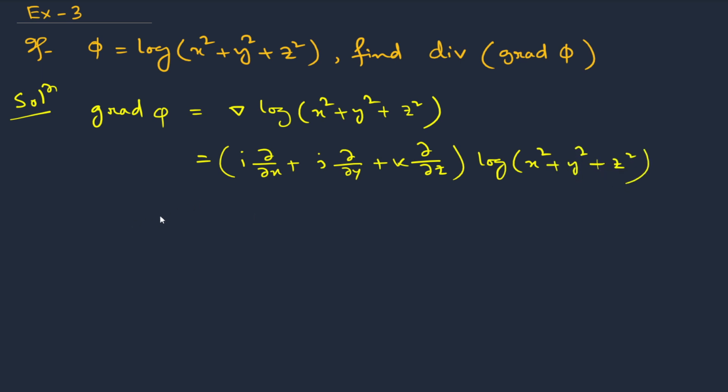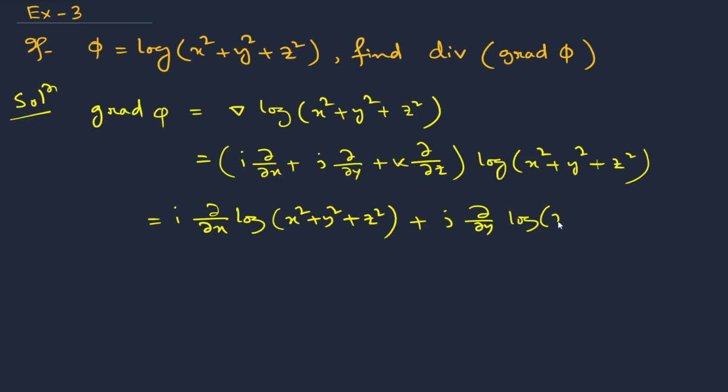Now we have to simply differentiate it. Suppose i into ∂/∂x of log of x square plus y square plus z square, plus j ∂/∂y of log of x square plus y square plus z square, and then similarly k into ∂/∂z of log of x square plus y square plus z square.